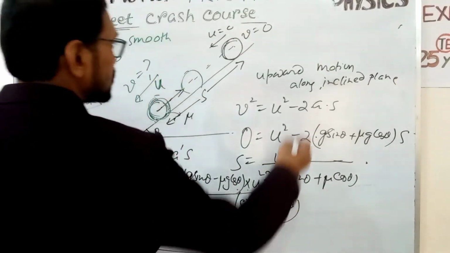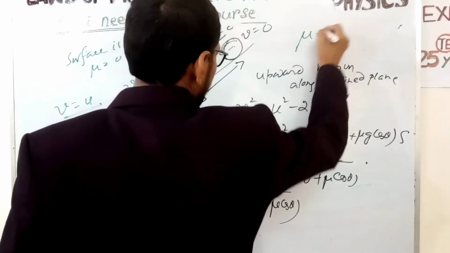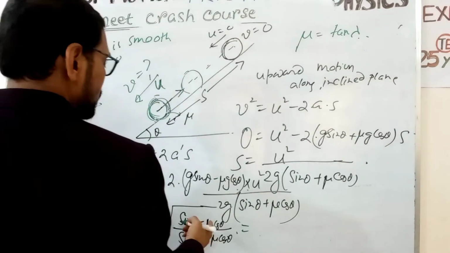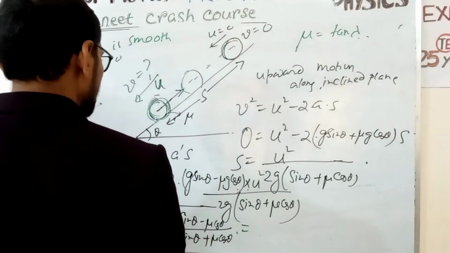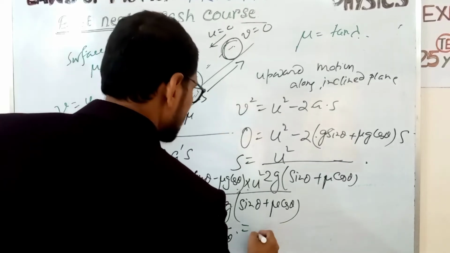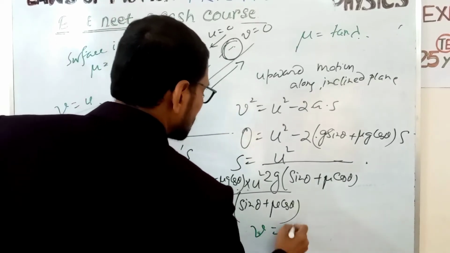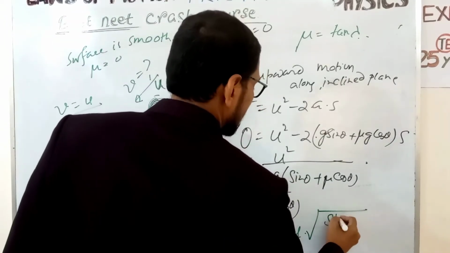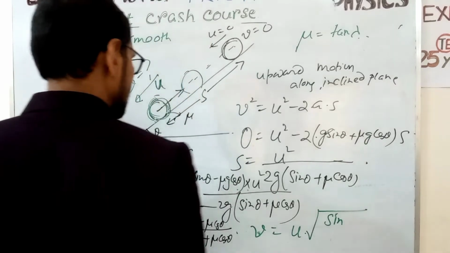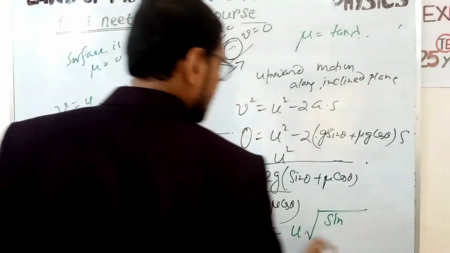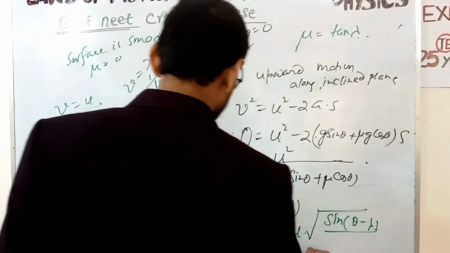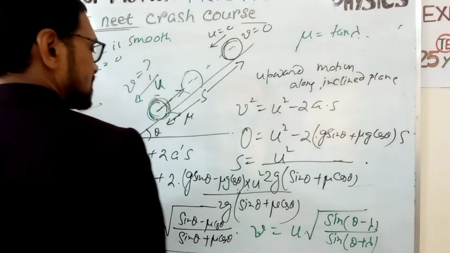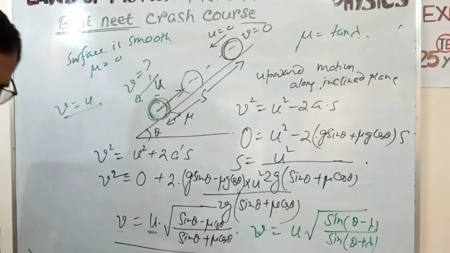Now if we put mu equal to tan lambda, where lambda is the angle of friction, since coefficient of friction equals tan lambda, then v equals u times the root of sin(theta minus lambda) divided by sin(theta plus lambda). This is the answer.